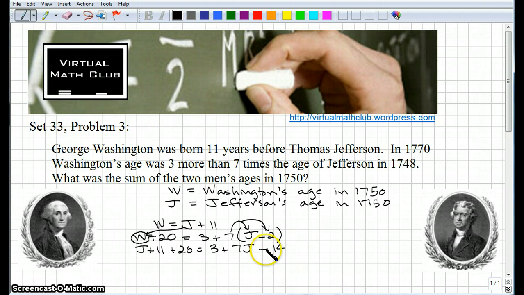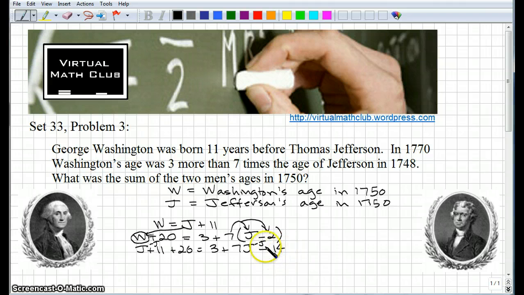All right. So now I have everything in terms of J, and if I move all the J's to one side, then I ought to have it. I'm going to subtract J, essentially moving all the J's to the right-hand side, and then I'm going to move the numbers over to the other side.